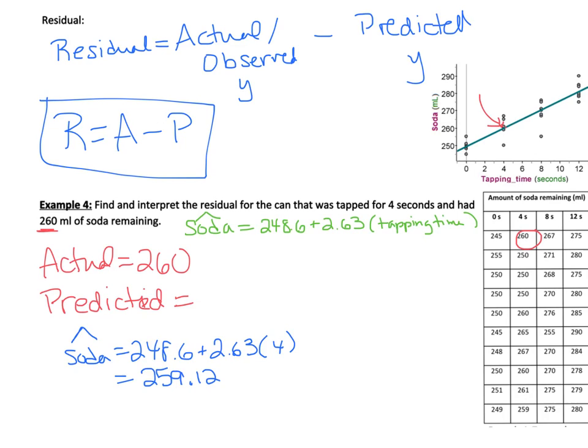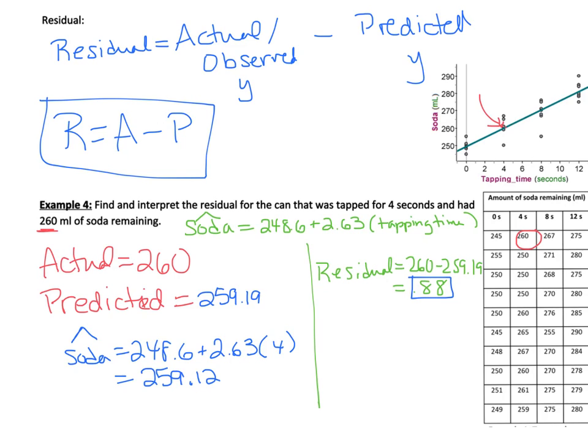So this is what my equation predicts to be the value when I tap a can for 4 seconds. So then I'm going to put it all together and find my residual by doing 260 minus 259.19, which gives me a residual of 0.88.